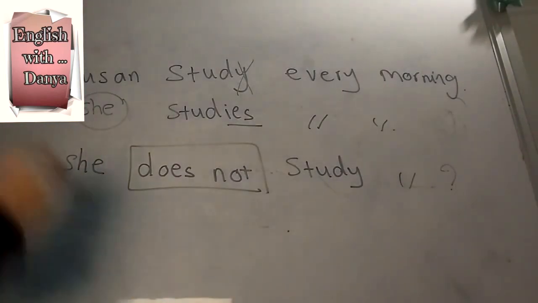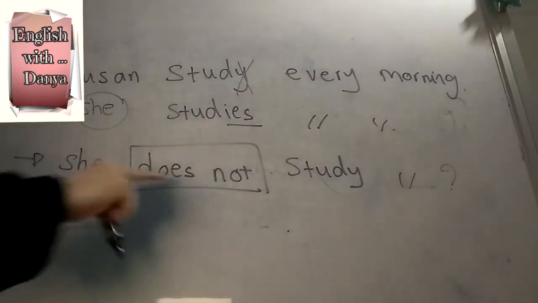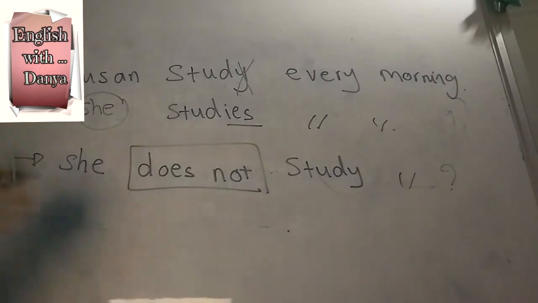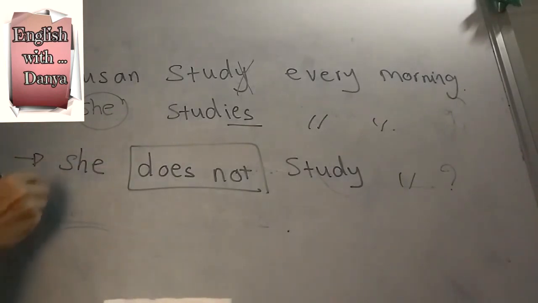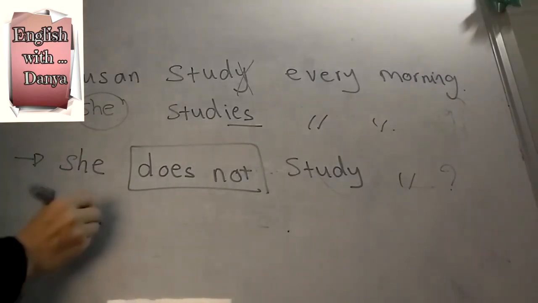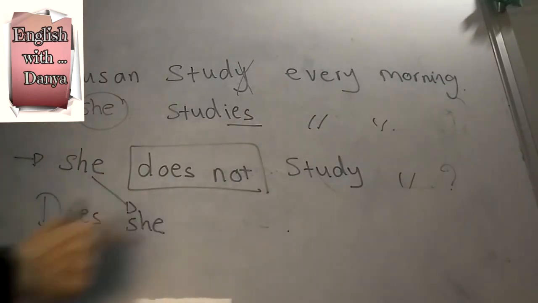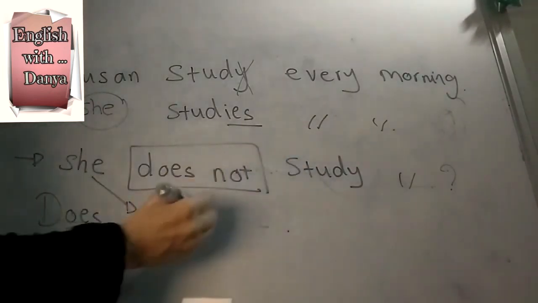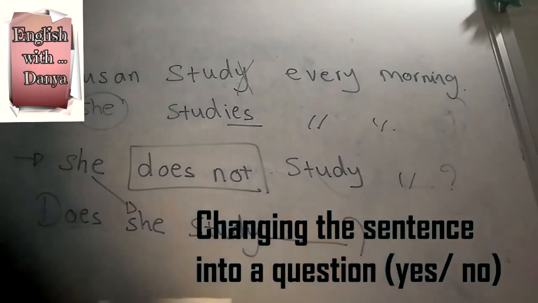All right? Another thing, let's say you want to change the sentence into a yes or no question. That means we need to use does in the beginning, then does she study every morning?